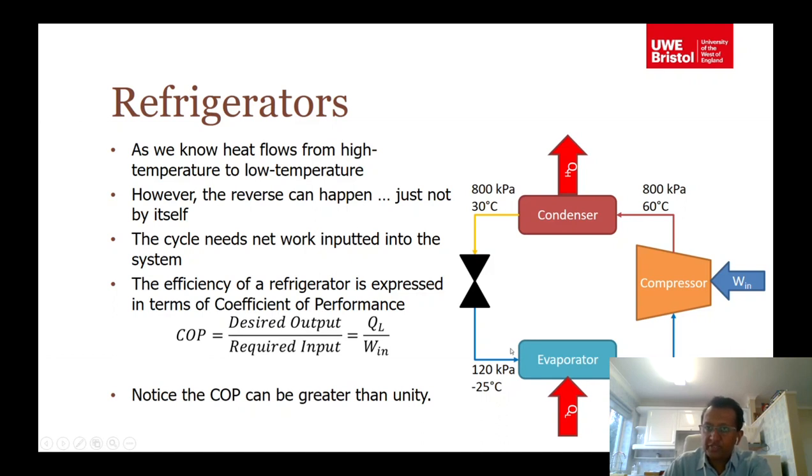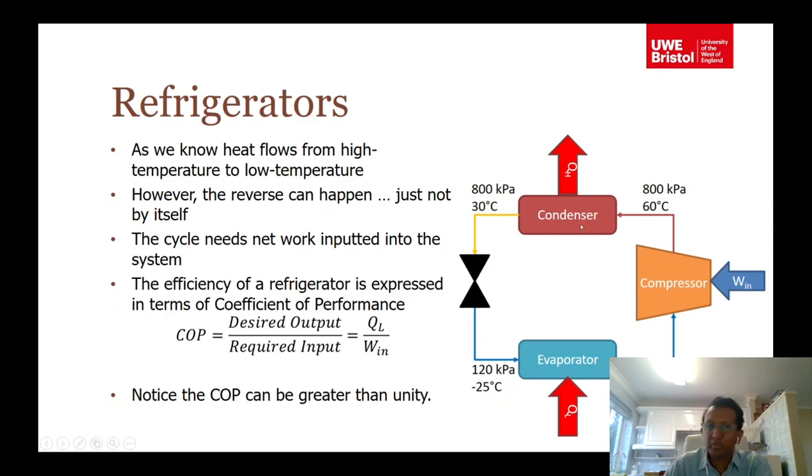Then we define the useful work and heat. If you are using the condenser as a heat pump, you use the useful energy from the hot reservoir, so your coefficient of performance is QH divided by the work in.